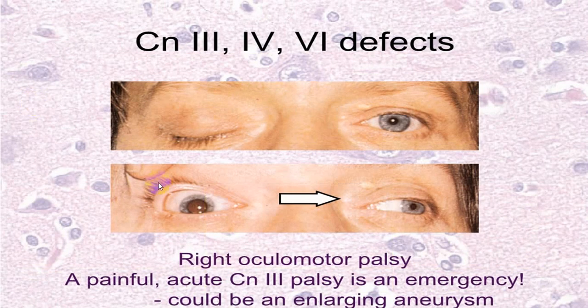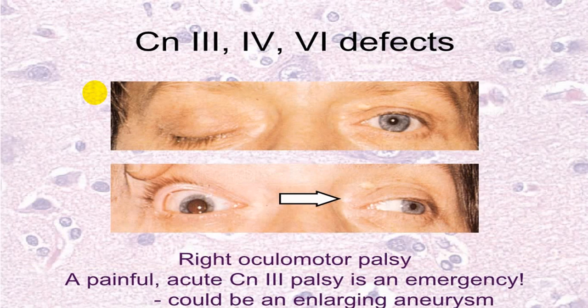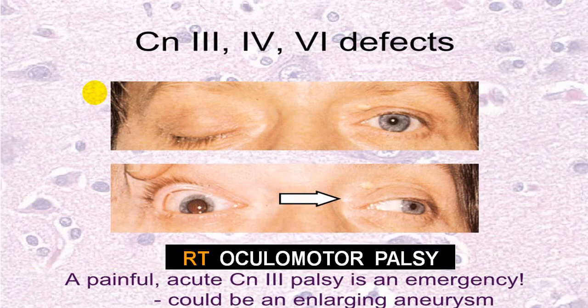You can see here the pupil is dilated, there is a ptosis. So this side, third cranial palsy. So we call that right side third cranial palsy. So right side oculomotor. Here again you see that this is right side, ptosis, dilated pupil, little laterally and downwards.